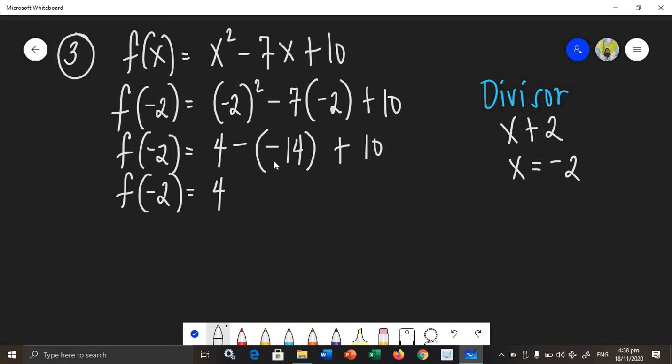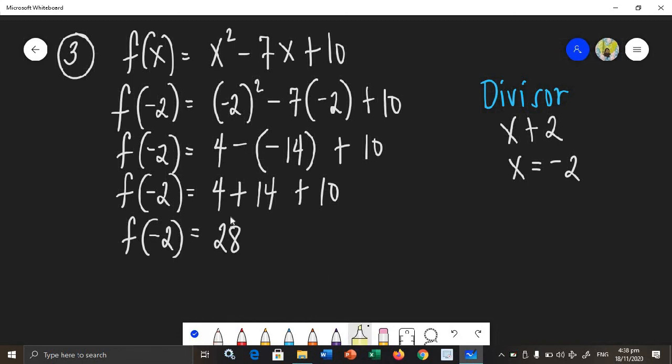For us to get rid of the parentheses, we need to multiply the signs. Okay? So negative times negative 14, it will become positive 14 plus 10. And then f quantity negative 2 is equal to 4 plus 14, that is 18, plus 10, that is 28.